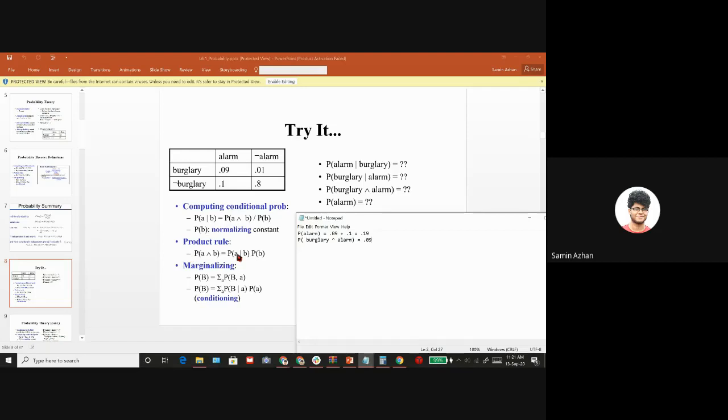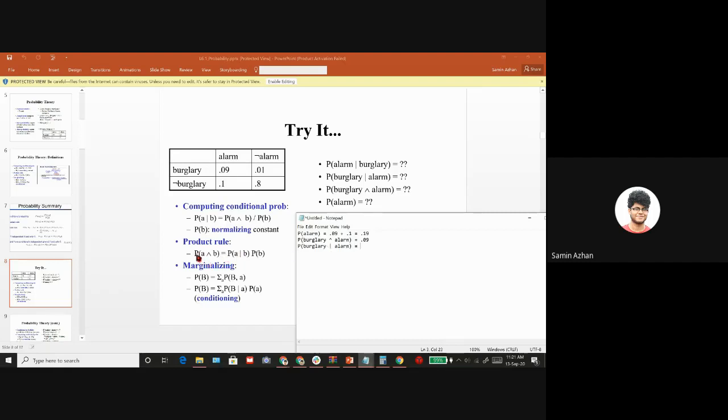The product rule, to be more precise. So we're trying to figure out the probability of burglary given alarm is true. So given alarm.